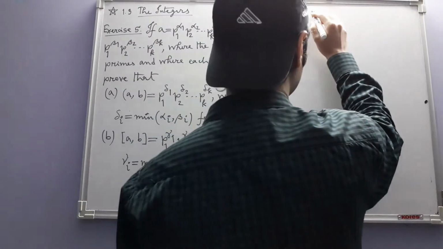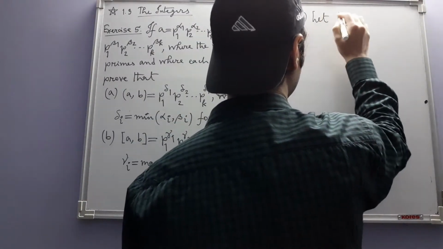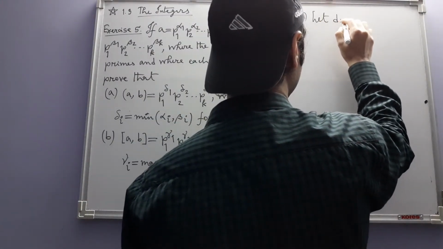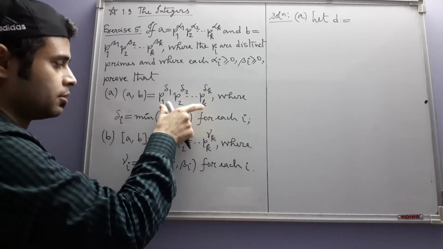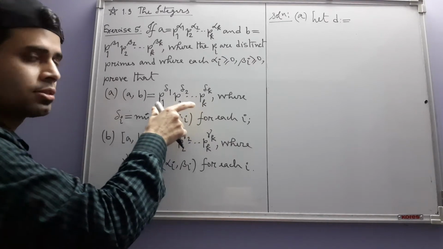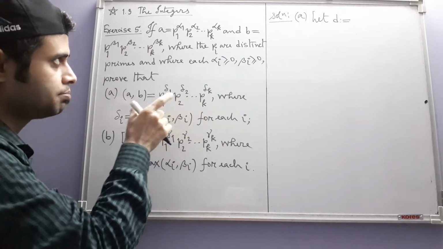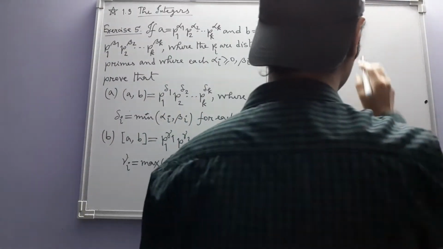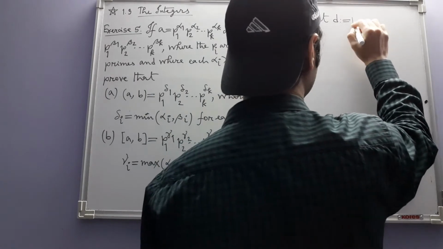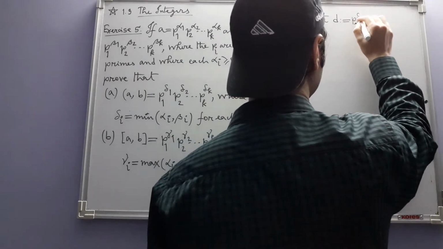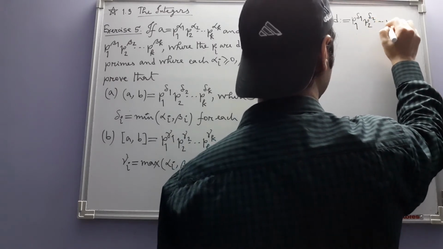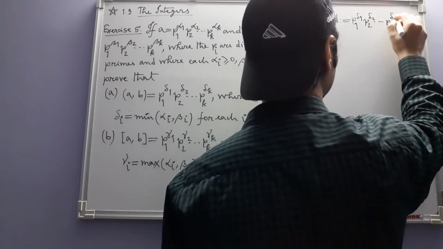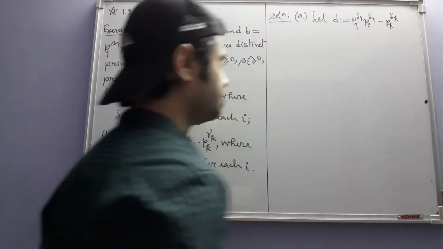We want to prove that the GCD is of this form. So for convenience we denote this number by some symbol. Let that be D. So D equals P1 to the power delta 1 times P2 to the power delta 2 up to Pk to the power delta k.